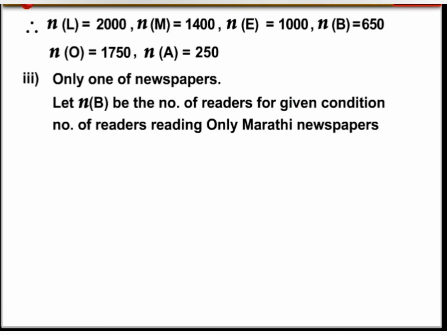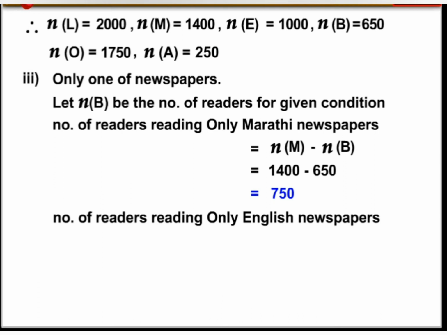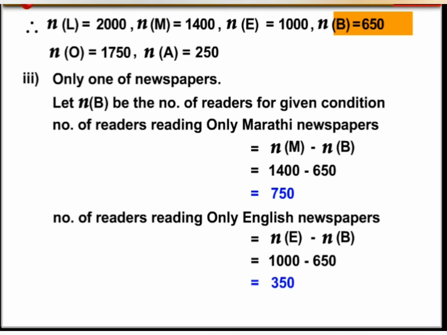Number of readers reading only Marathi newspaper is equal to n(M) minus n(B), 1400 minus 650, that equals 750, and number of readers reading only English newspaper is equal to n(E) minus n(B), 1000 minus 650, that equals 350.